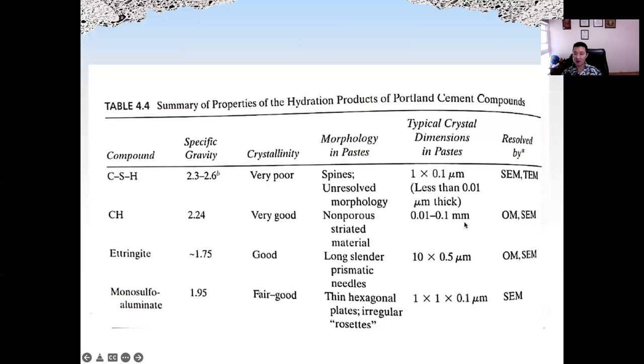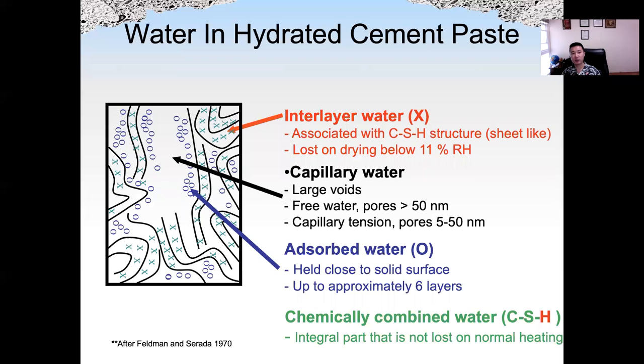For CSH, we can see it using a scanning electron microscope, SEM. TEM is for transmission electron microscope, and OM is for optical microscope.